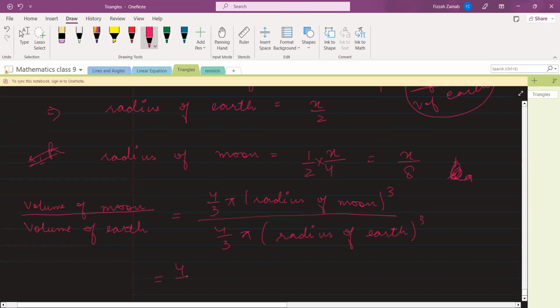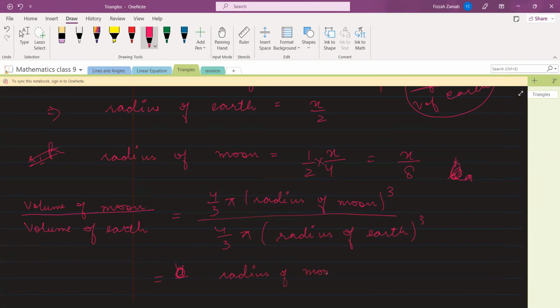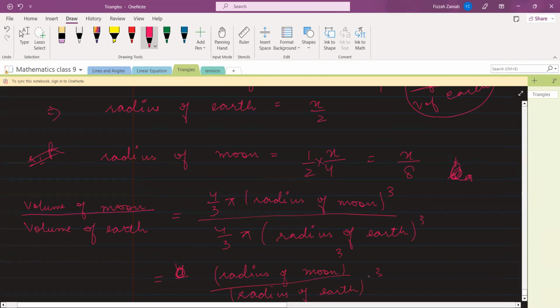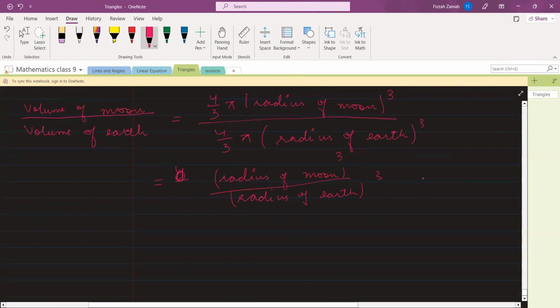All right. Now 4 upon 3 pi, 4 upon 3 pi will get cancelled. So it will be just radius of moon whole cube divided by radius of earth whole cube. Right? Okay. So the radius of earth is x by 2 and the radius of moon is x by 8. So put this in the formula.